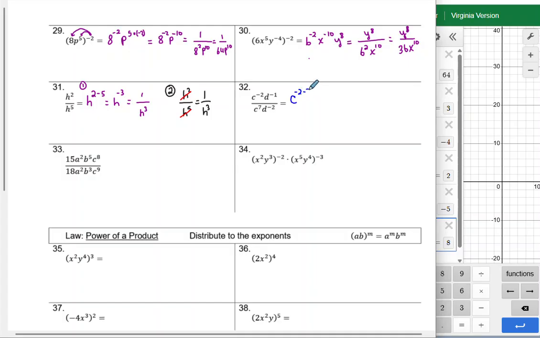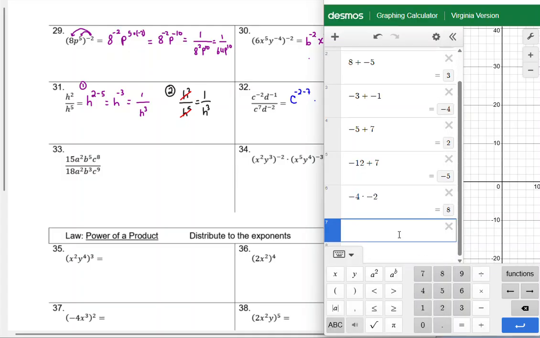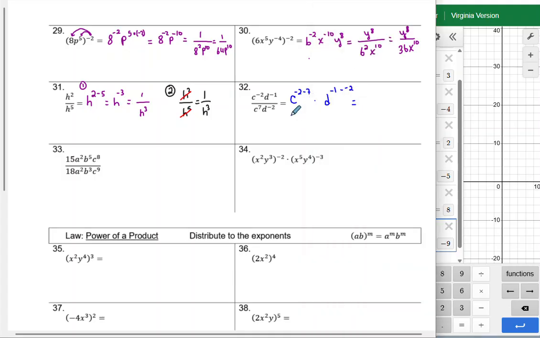Some of them I'm writing, some of them I'm not, just so you get used to whatever you feel comfortable with. -2 minus 7 is -9. So you have here C^-9, and then D, let's just use Desmos.